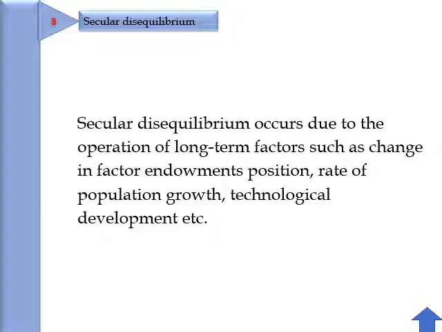This may adversely affect the exports and lead to an increase in its imports. This makes the country face a problem in its balance of payment called secular disequilibrium, caused by long-term factors.